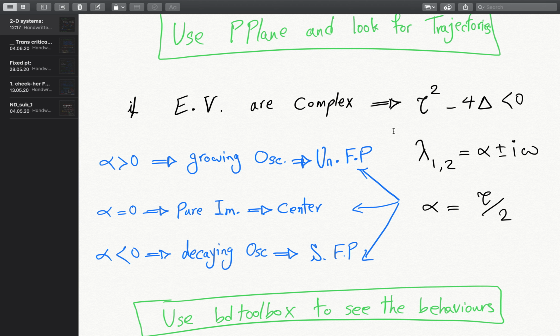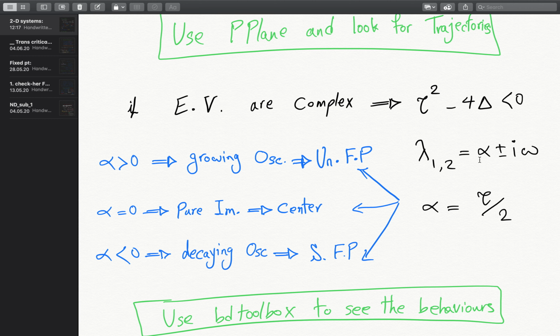And then our eigenvalues, which are lambda 1 and lambda 2, will be alpha plus minus i omega. These are, you can say, a plus minus ib, right? But because this imaginary number is intuitively a representation of rotation, we call it omega here.